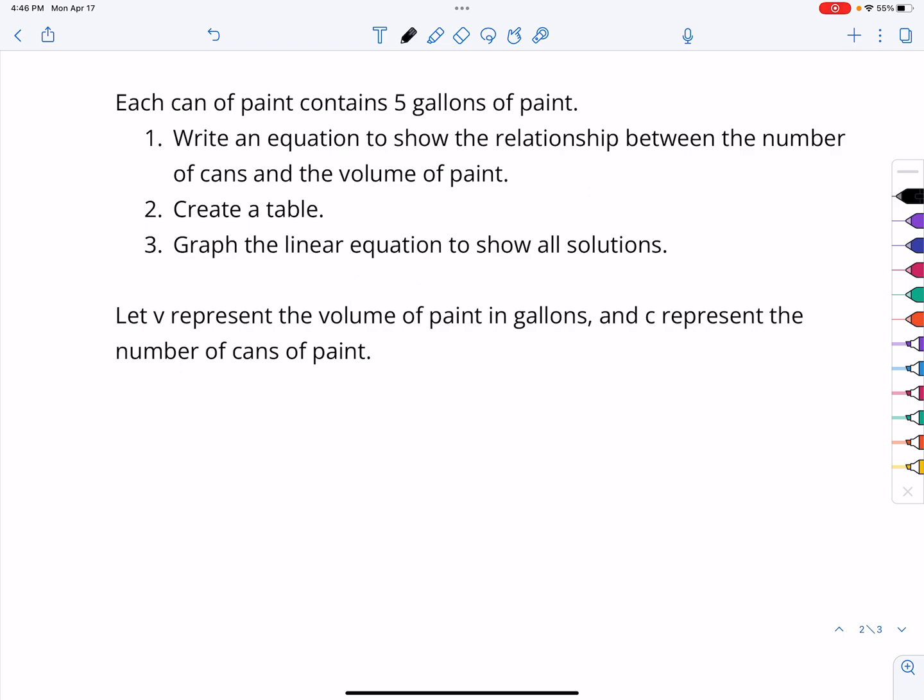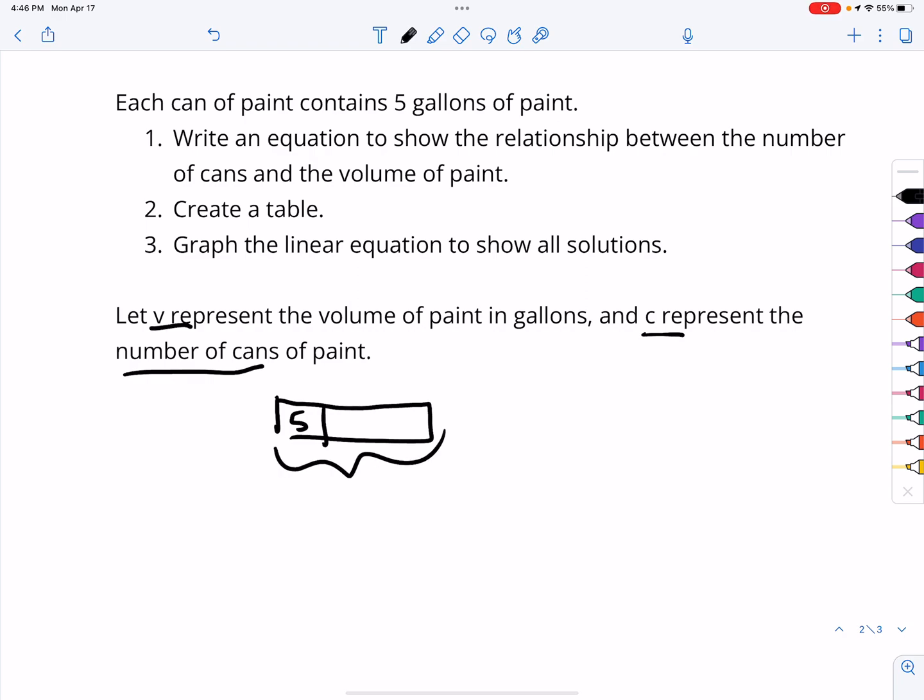All right. So, writing an equation, it looks like if we have 1 can of paint, it contains 5 gallons, and let's see, C represents the number of cans, and V is the volume. So our total volume is going to equal, well, this one's 5, and then we don't know how many cans we have. But we do know that each one is 5.